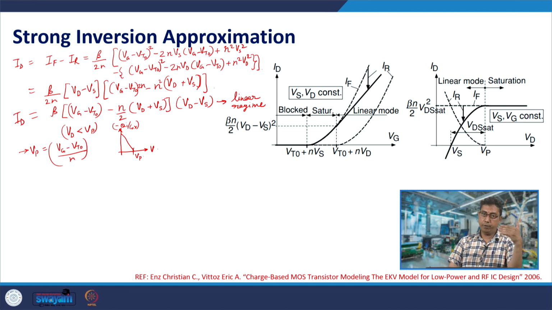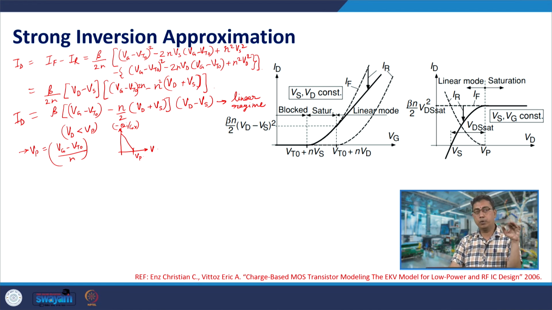So, for a given gate voltage, when the value of drain voltage is Vp, that is when the value of local channel potential is Vp, that is where the pinch off happens. So, what does it mean? What is the value of saturation drain voltage?